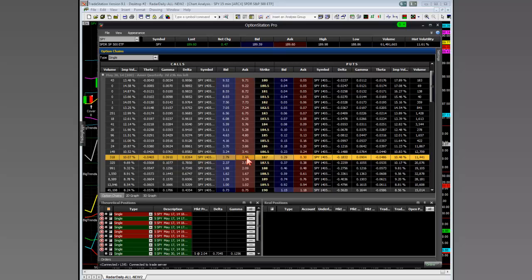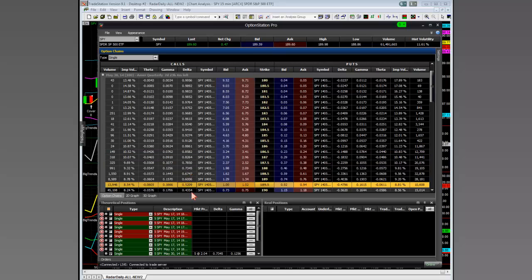So you would add 82 more cents to that just under $3 vehicle and see that you've got the potential on a 1-point move in the S&P for that option to go up almost 30%, maybe 25, 26%. So, bottom line, that's another way you can calculate what kind of bang for your buck you're going to get.